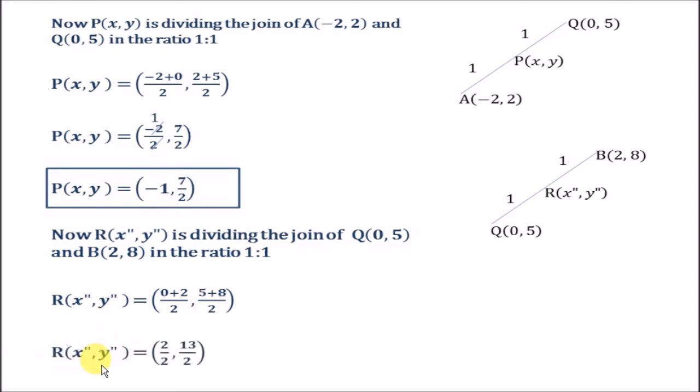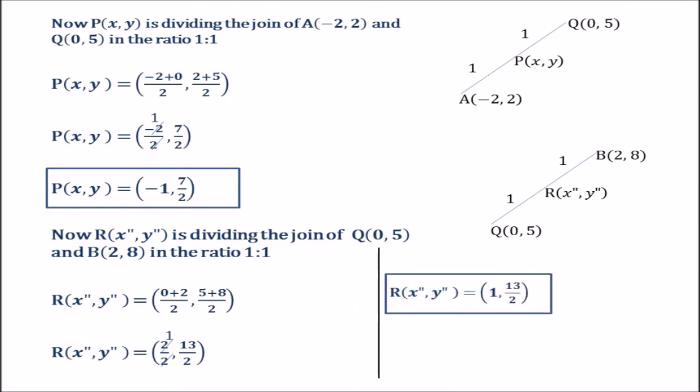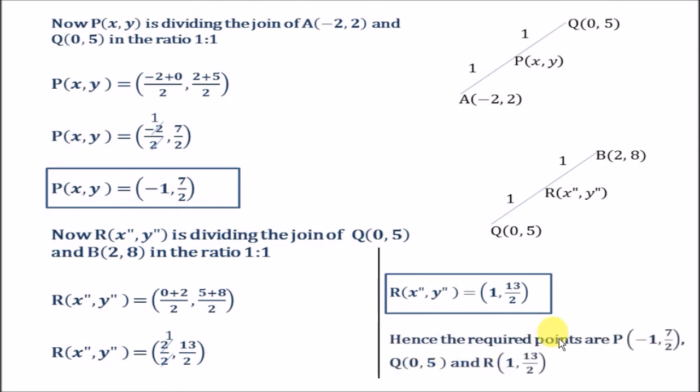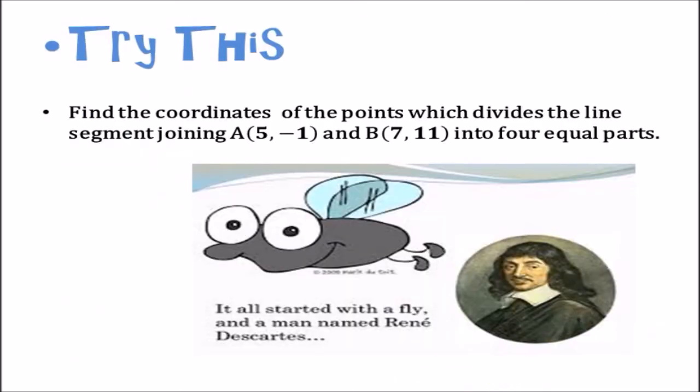Now R x double dash comma y double dash equals to 0 plus 2, 2 by 2, comma 5 plus 8, 13 divided by 2. So the coordinate of R is 1 comma 13 by 2. Hence the required three coordinates are P minus 1 comma 7 by 2, Q 0 comma 5 and R 1 comma 13 by 2. So the question is done.